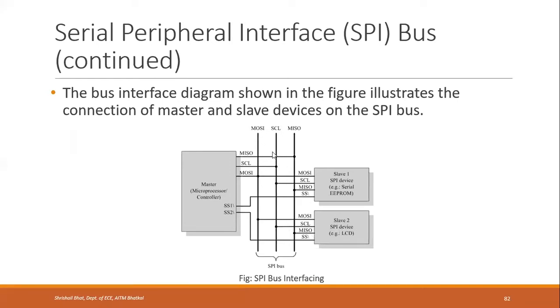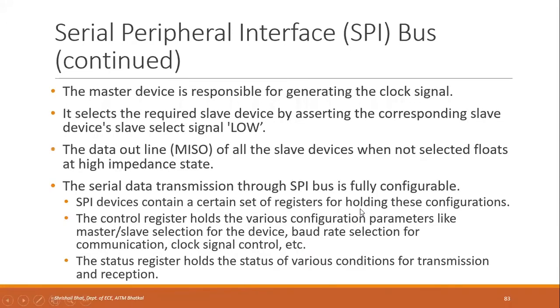Normally the way it operates is by using shift registers. The data is put into these registers. There will be registers for MOSI and MISO, and bit by bit the data will be put into the registers of the master and the slave. The master is responsible for generating the clock.